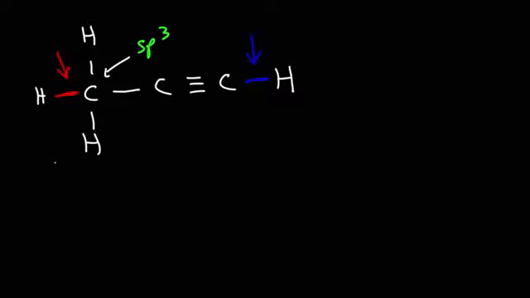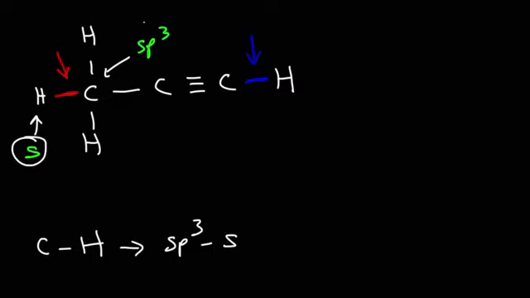Now you need to look at the other atom, the hydrogen. Hydrogen is only attached to 1 atom. So what do you think the hybridization of hydrogen is going to be? This is going to be s. So thus, the hybridization of the C-H bond is going to be sp3-s. You simply just write both of these together.